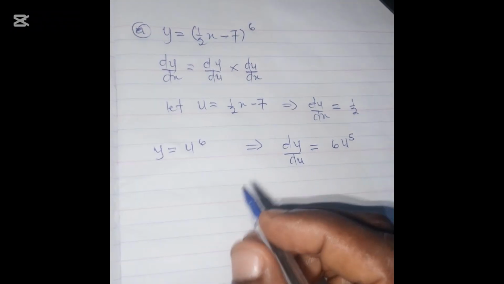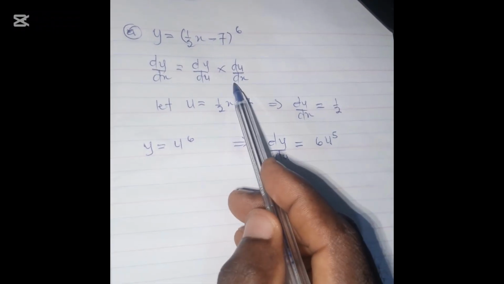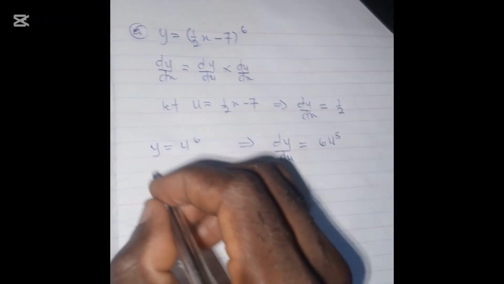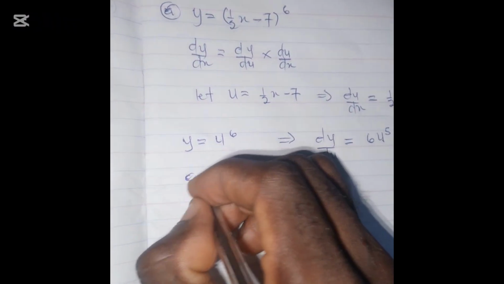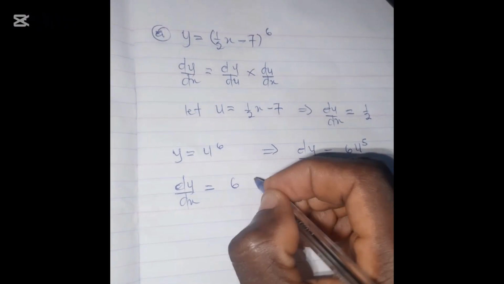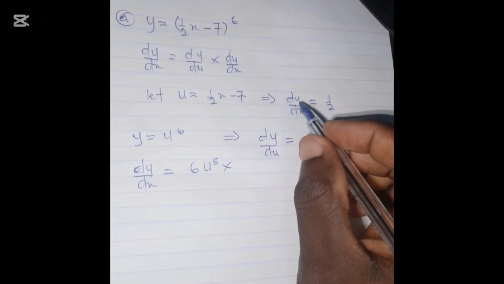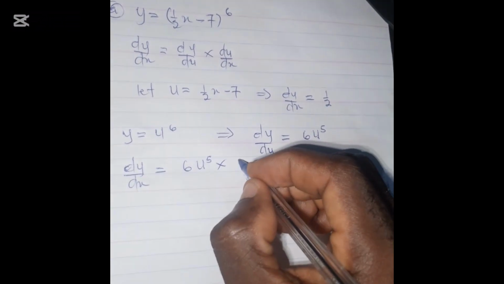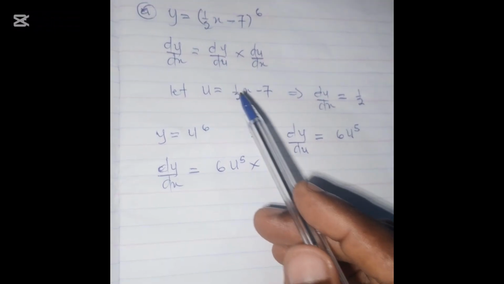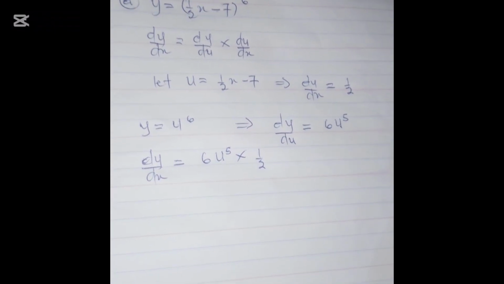Now with this, we substitute our dy/du and also du/dx. So our differential dy/dx is simply 6u raised to the power 5 times du/dx, which is half. Now remember, u was introduced, so we need to get back to the function in terms of x.